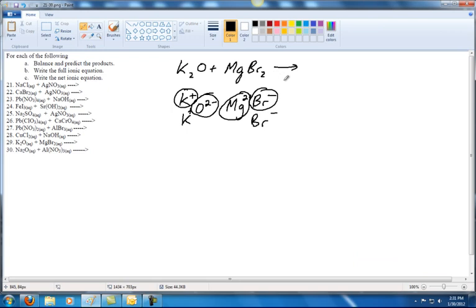Now we know that the K will join with the Br, and the Mg will join with the O, and what we'll have is K+ and Br-, and Mg2+ and O2-.